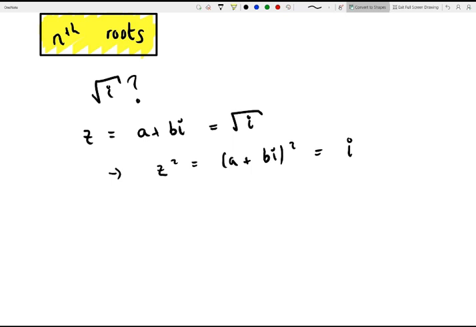So we can multiply out the middle part here and get a squared plus 2abi minus b squared, because we've got plus b squared i squared, is equal to i. And then we can compare real and imaginary parts.